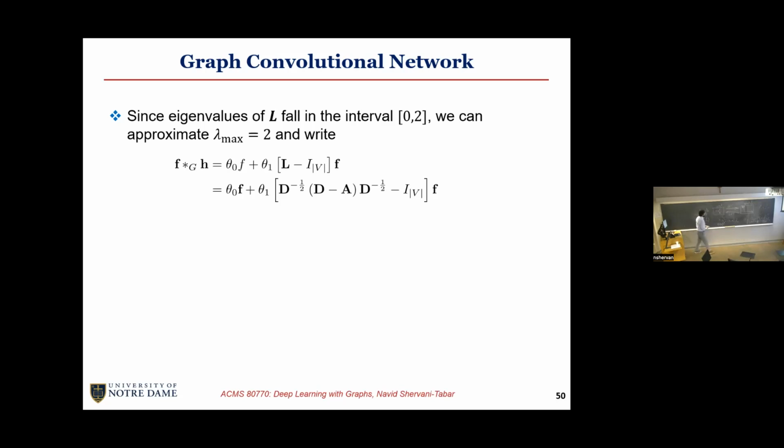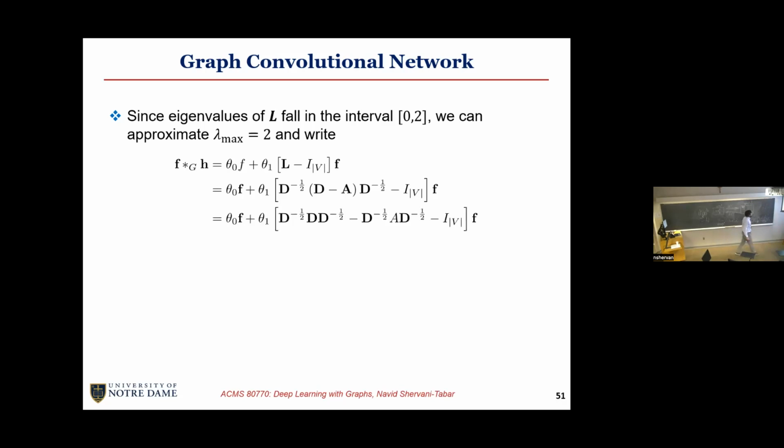So I plug that in, and this is the relation that I'm left with. In the next step, I can separate these. So I have D to the minus 1/2 times D times D to the minus 1/2, minus D to the minus 1/2 times A times D to the minus 1/2, minus I, right?